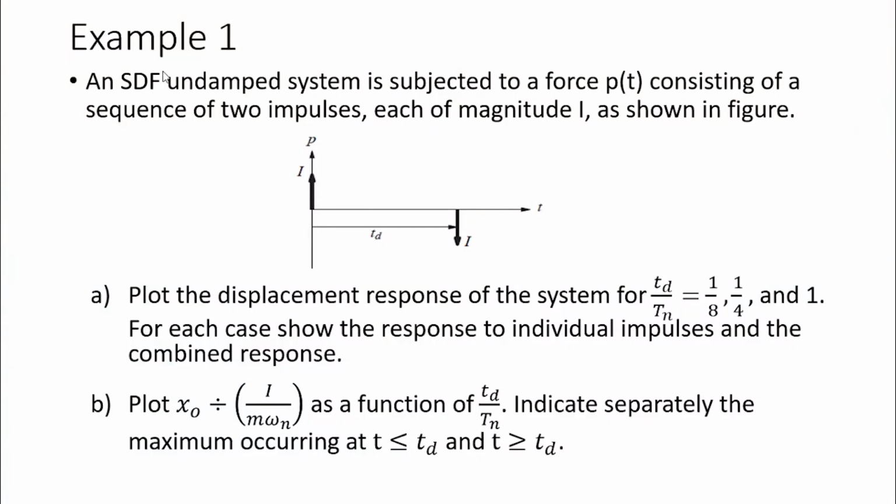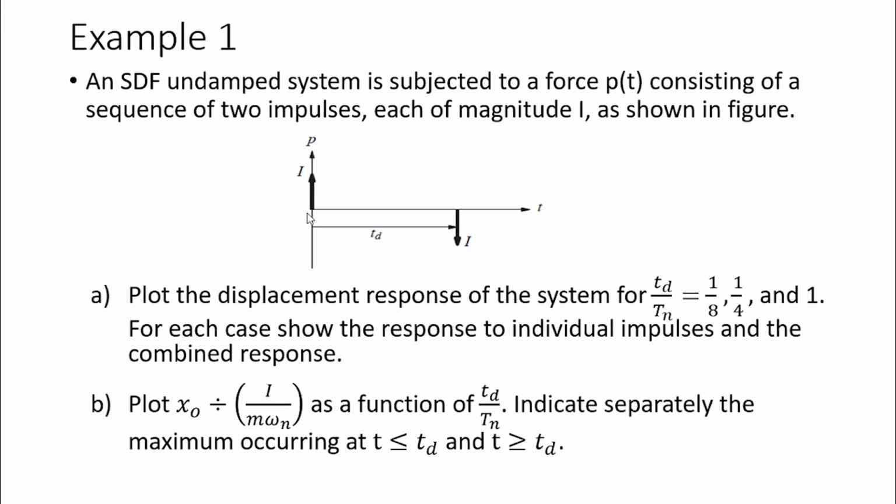So in the first example, we have a single degree of freedom damped system, and it is subjected to two impulses. So the force is consisting of two impulses, each of magnitude I, as shown in figure.